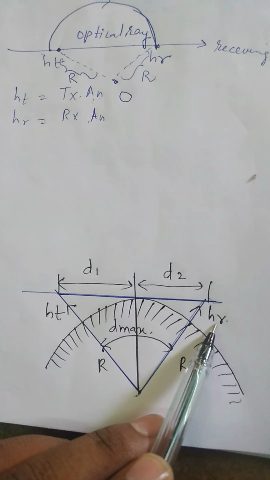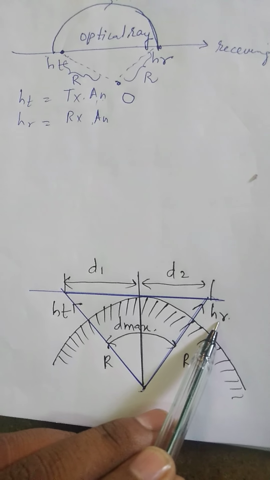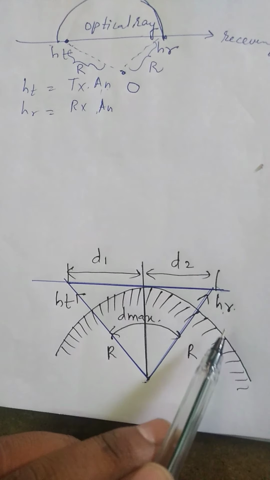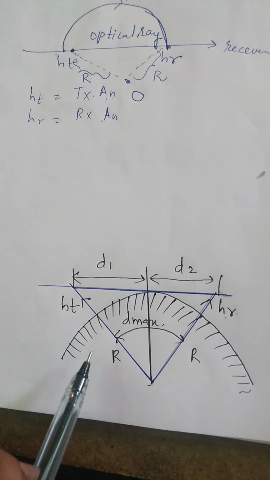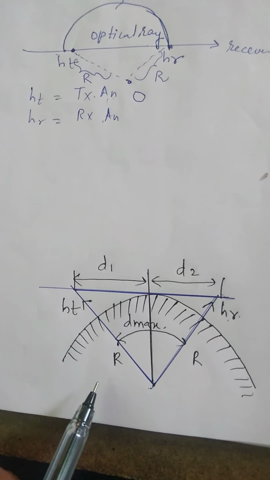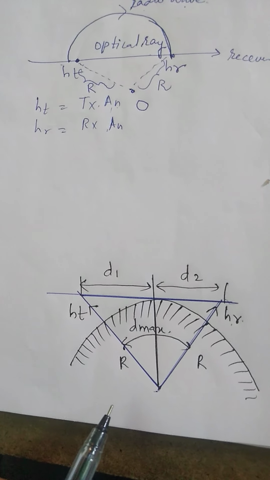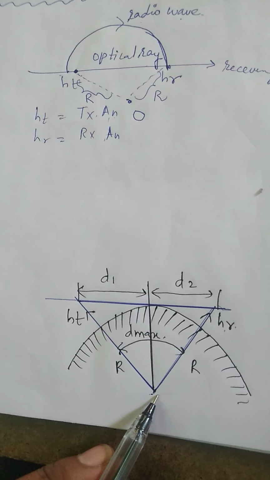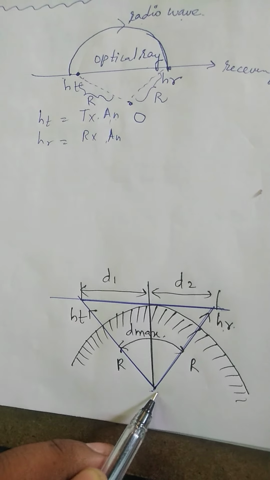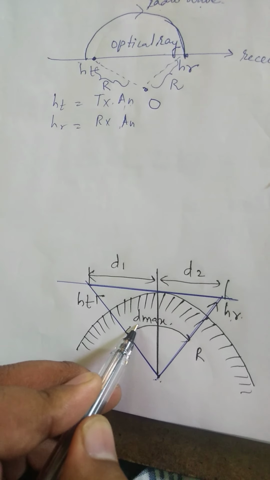The effect of bending of the radio wave traveling through the atmosphere can be taken into account by assigning a greater radius to the earth, so that the radio wave travels in a straight path. So we are considering one straight path. From this we want to find out the maximum distance, D max.